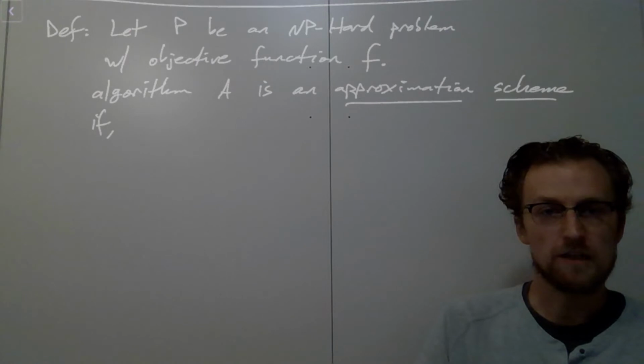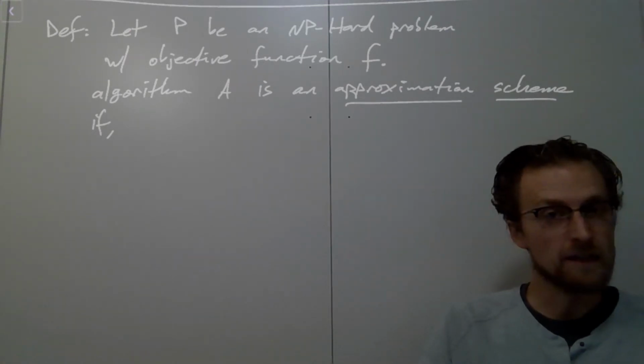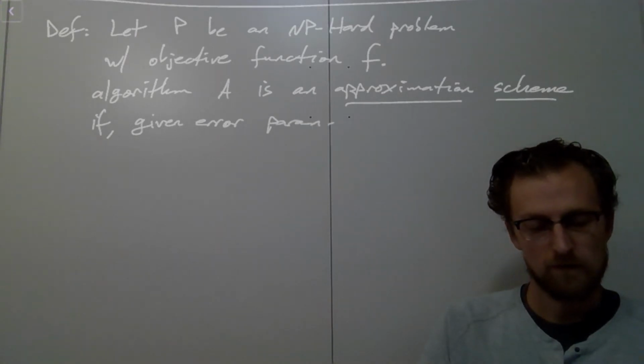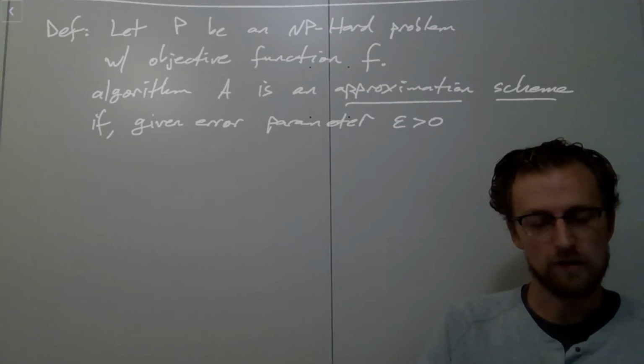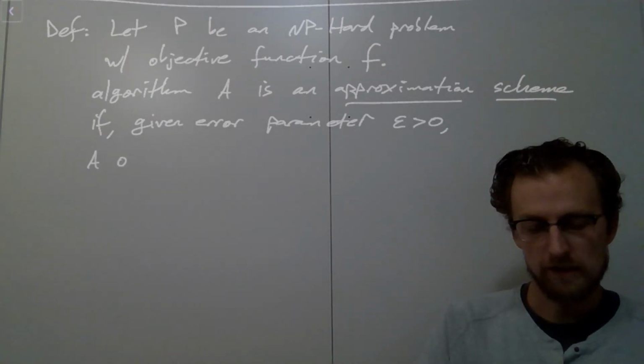The approximation scheme has, as its first input, the problem instance, but then its second input is this error parameter. So given error parameter epsilon strictly greater than 0, A gives an output.